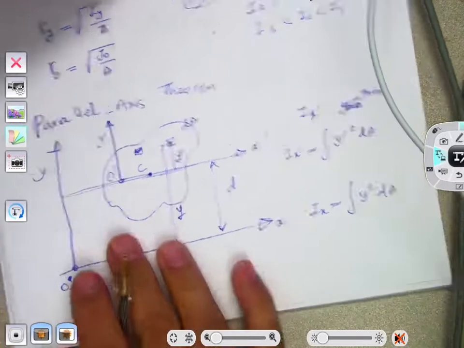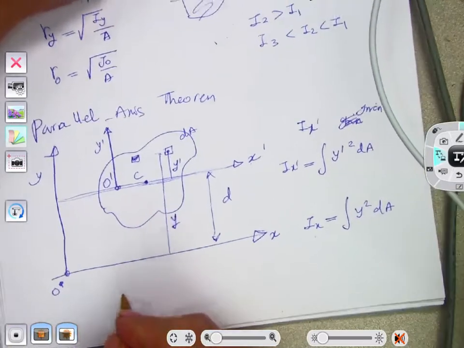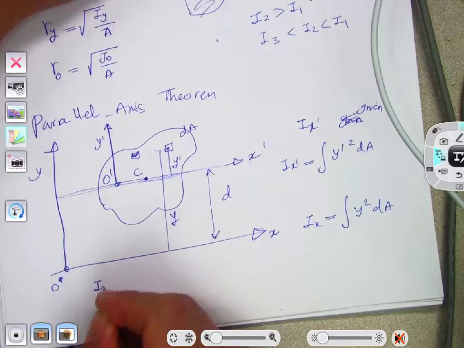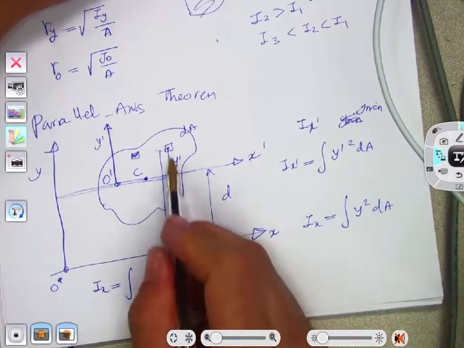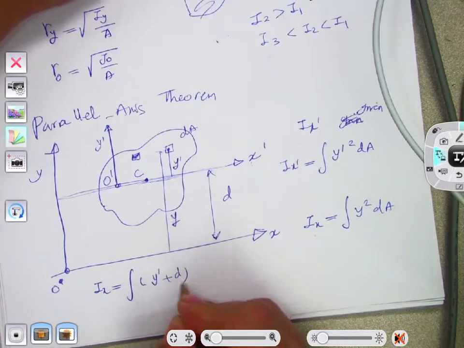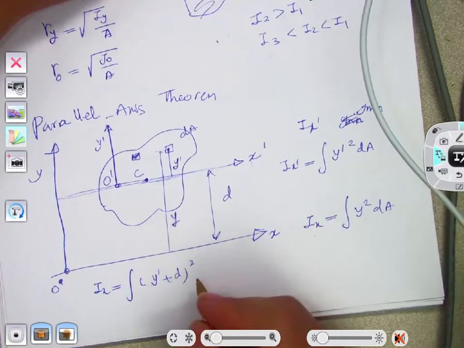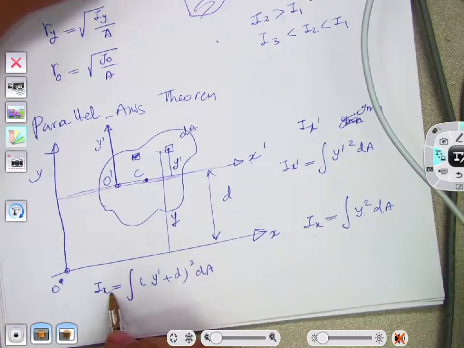Alright, so let's see what else we can say. Ix is now, what is y? If you look here, y is basically y prime plus d. So Ix is the integral of (y prime plus d) squared dA. Alright, so this is the integral I need to evaluate.